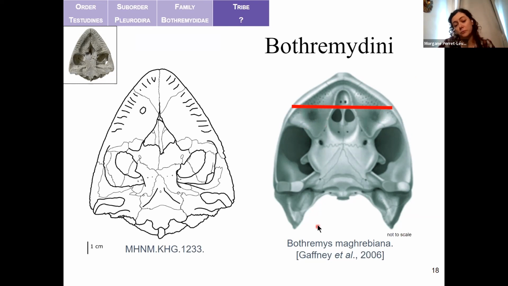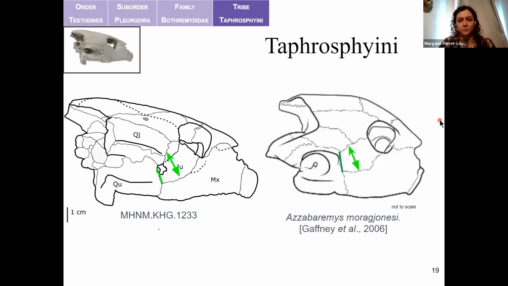For this example, it was a little bit representative for the Bothremydini, but yes, it's a very big specificity. And also the lateral thickness of the skull is not very similar.